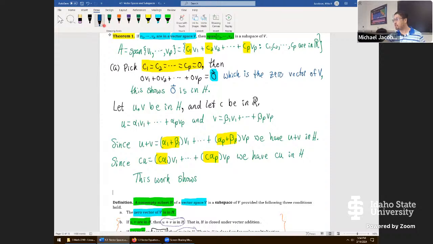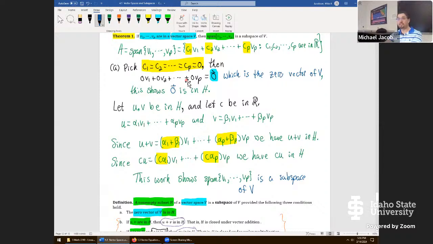We'll say here, this work shows span V1 all the way through to VP is a subspace of V, whatever that original vector space V was.